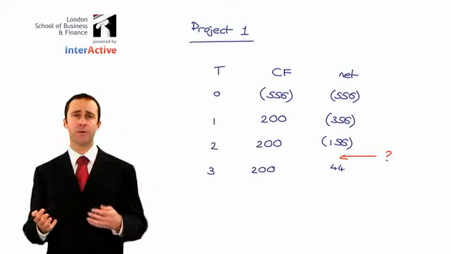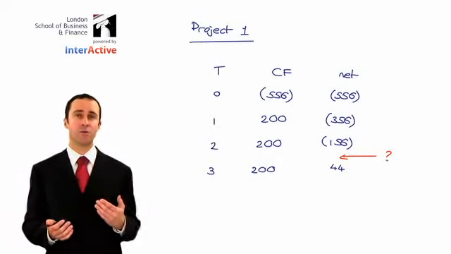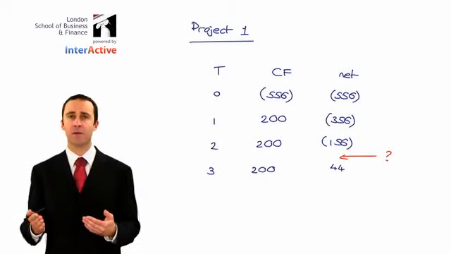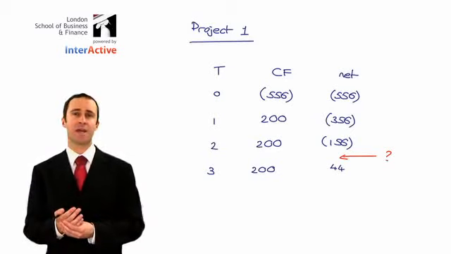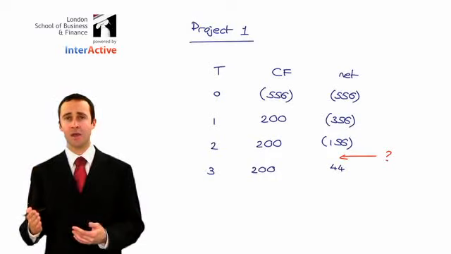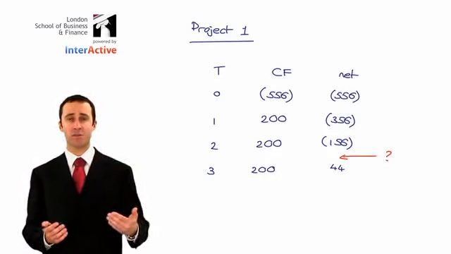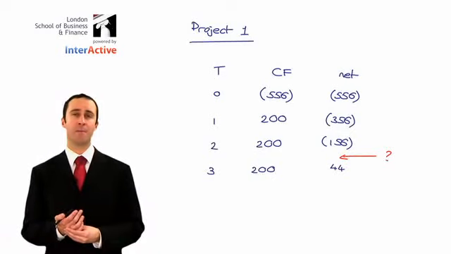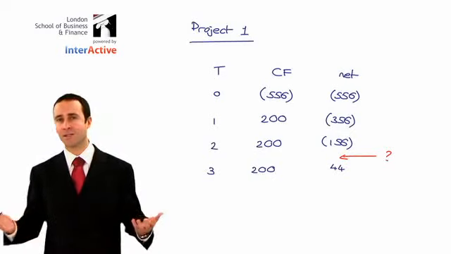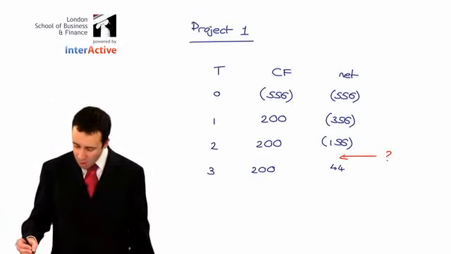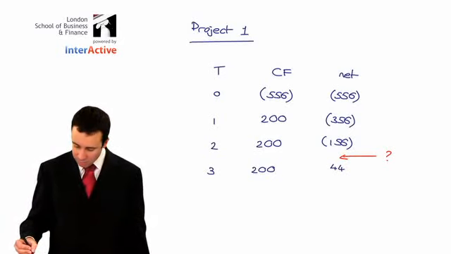What we do is assume that the cash flow we receive of £200,000 accrues evenly throughout the year. We could make the assumption that the cash flow arises at the end of the year, in which case we receive £200,000 at the end of year 3 and therefore a 3-year payback period. However, that's a bit too basic. We'll assume that the cash flows accrue evenly over the life of the project.